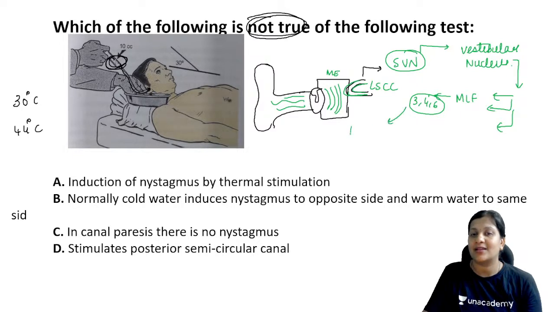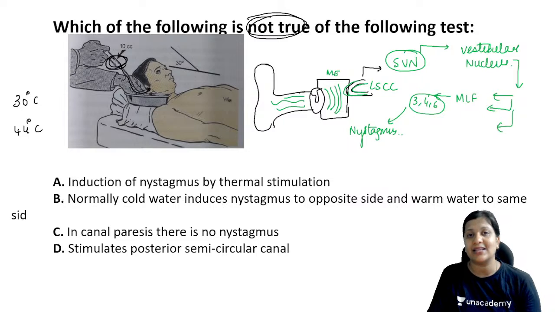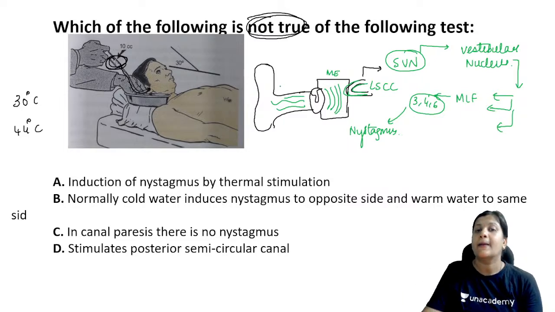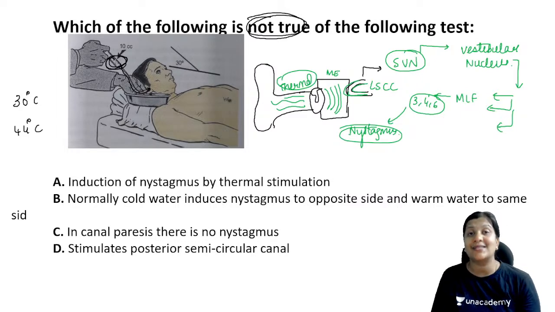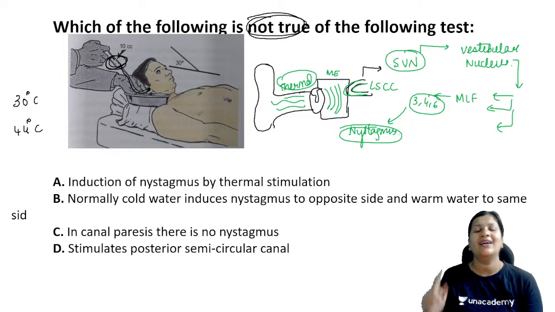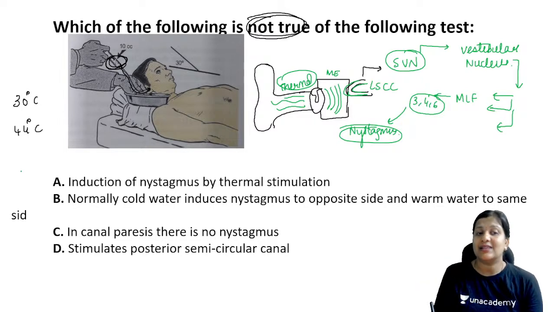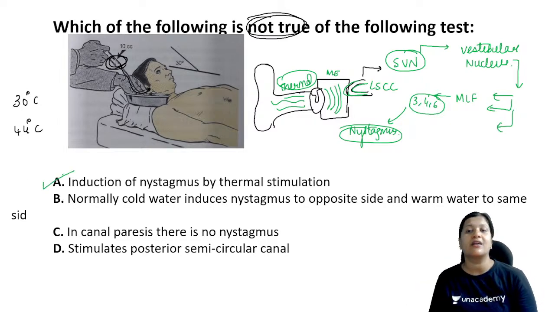And now when they are stimulated, it will cause nystagmus. So this test is called as caloric test, where thermal stimulation will cause nystagmus. So this is called as vestibulo-ocular reflex. So is this induction of nystagmus by thermal stimulation? Yes, that's the true statement.